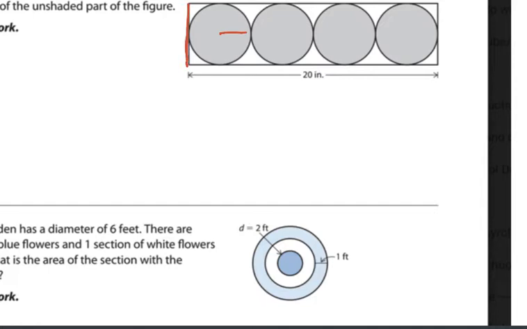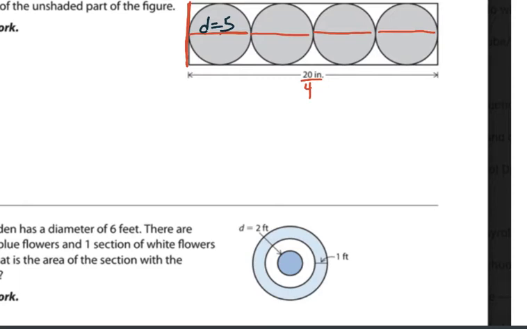One is I don't have this length, but that length is the diameter of that circle. These are all equal circles. There are 4 diameters. So if I say 20 divided by 4, I realize that the diameter of these circles is 5, because 5 times 4 is 20.